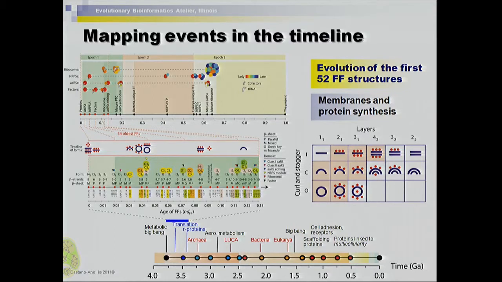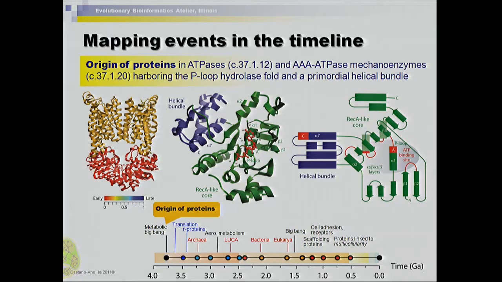And this seems to be a primordial design until barrel structures appear somewhere, very recently, when the non-ribosomal protein synthesis machinery appears in evolution. So before ribosomal proteins, there is a number of structures that are crucial that we've mapped in these very early times into the timeline.